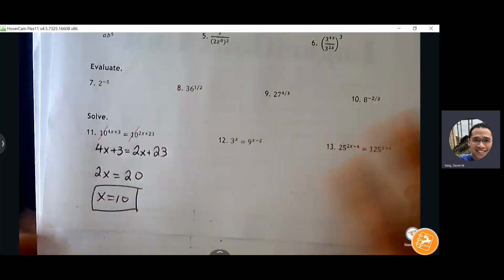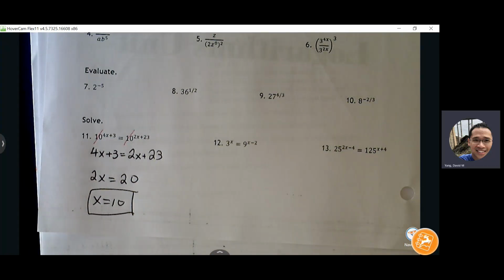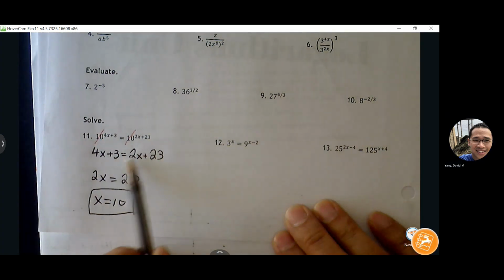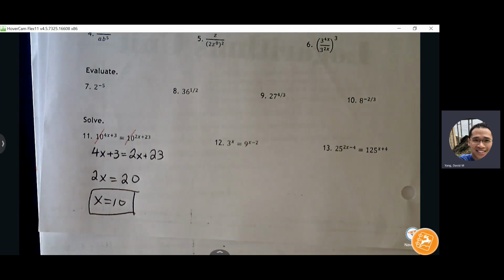I have a question about that. Yeah. So, what I was thinking about doing before is dividing the 10 by the 10 and then subtracting the exponents. So then when you divide, you subtract exponents. Let's see, if we do that, you divided both sides by the 10 to the 4th. Yeah, so it'd be like 4x plus 3 minus 2x minus 2. That should work. But then there's going to be a 1 left on the other side.